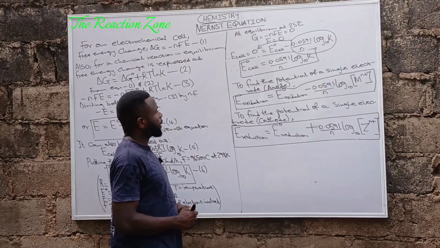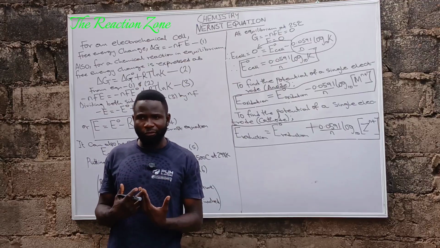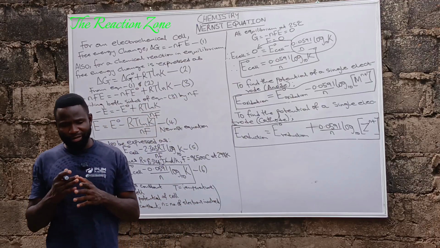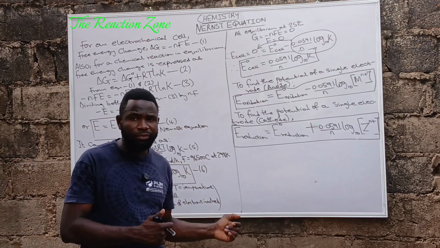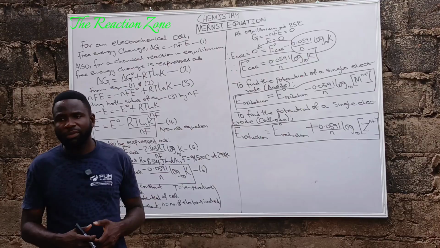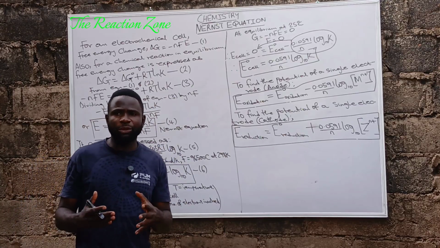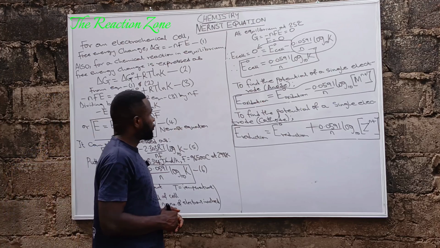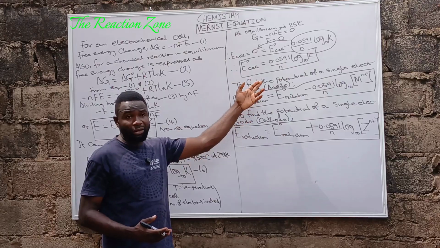Now, I can also decide to find the potential of a single electrode. Let's not forget that in a galvanic cell, there are two half cells. There is the anode half cell where oxidation occurs, and there is the cathode half cell where reduction occurs. So if I want to find the electrode potential of the anode half cell, which is where oxidation occurs, it means I'll be looking for the oxidation potential of the anode.